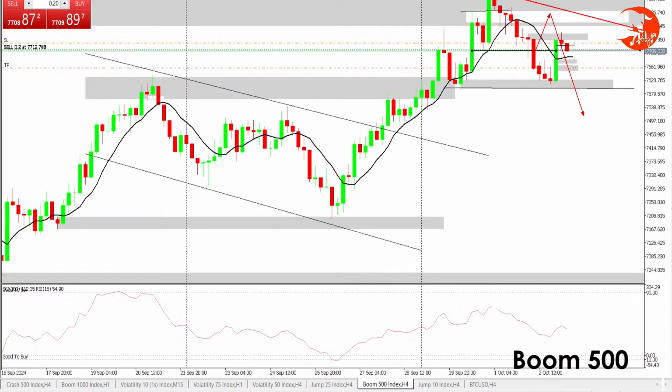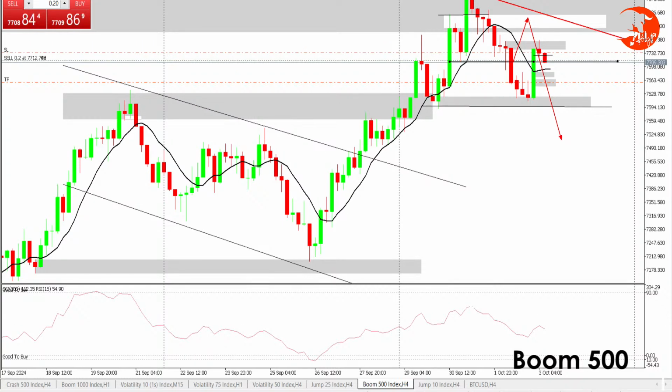Now, after giving us a new lower low here, it went ahead and retested the previous higher low, or call it the previous low where it broke structure from. And right now what we can anticipate is that this is a new lower high that has been created.